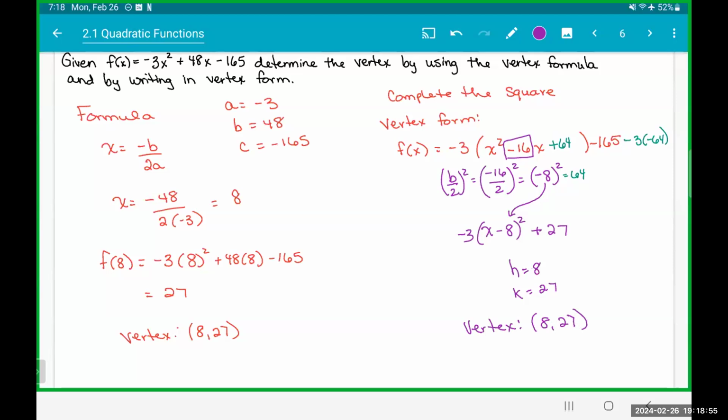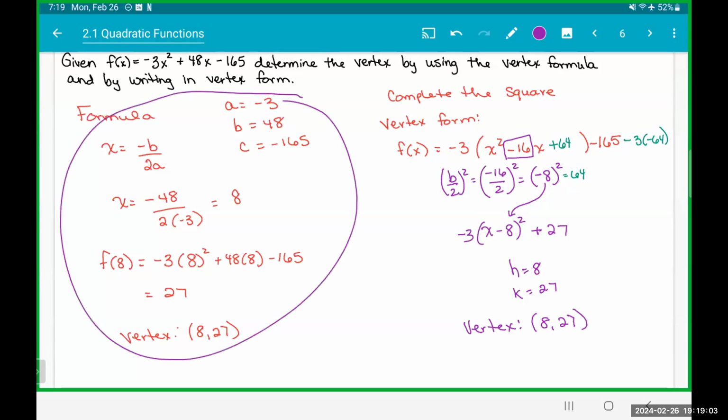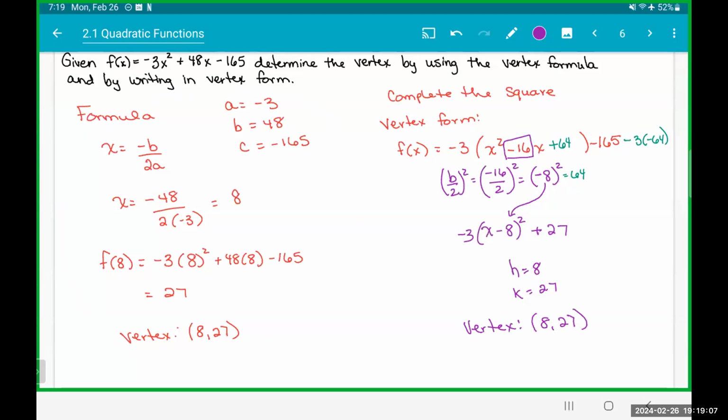So on the exam, you'll have a problem that says use the formula. You must do this for that problem. On the exam, you'll also have a problem that says do it in vertex form, and it requires this method. If on the formula one you do the vertex method, then you get no credit, and vice versa.